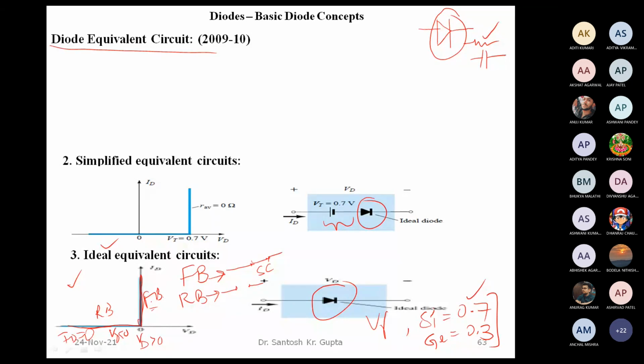This is called the simplified equivalent circuit. In this, the difference is that we must apply a voltage at least equal to the cut-in voltage or this barrier potential to make the diode be on.